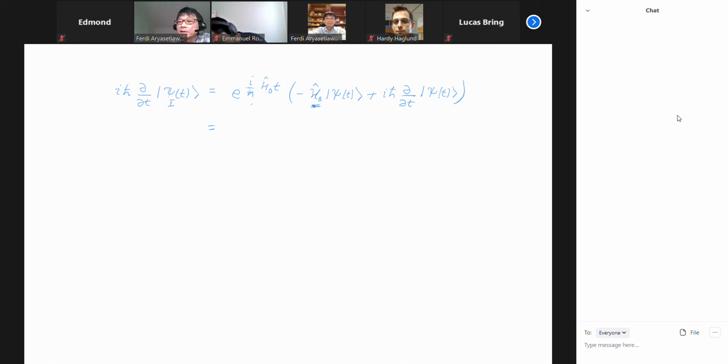It doesn't matter because it commutes with this exponential. Now we use the fact that the Schrodinger state satisfies the time-dependent Schrodinger equation, so that is equal to this.